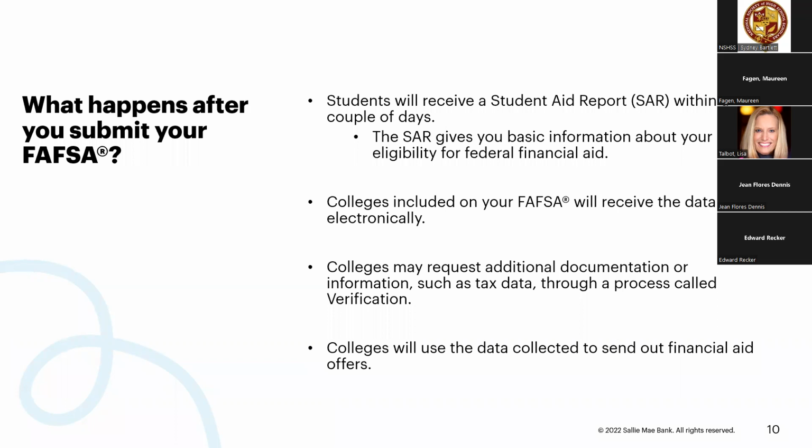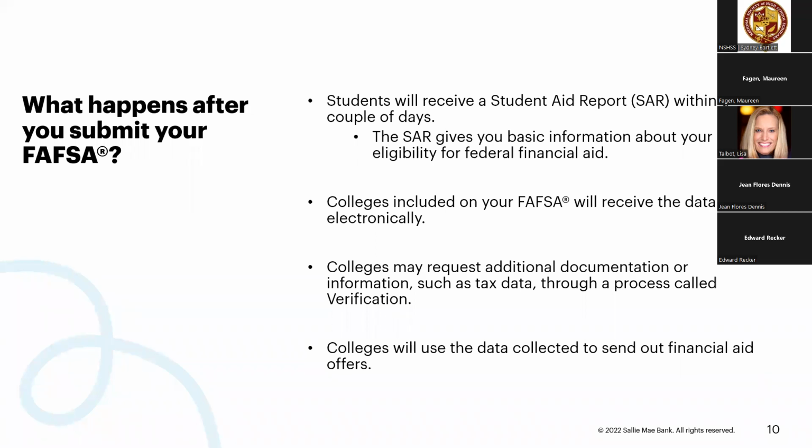So you know that the 10 schools, or fewer than 10 schools, that you indicated on the FAFSA received a student aid report as well. And it gives the school the ability, if you've applied to the school, to begin completing a financial aid offer for you. So that's the first step: the student aid report goes to the school.